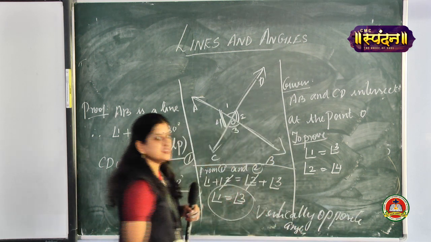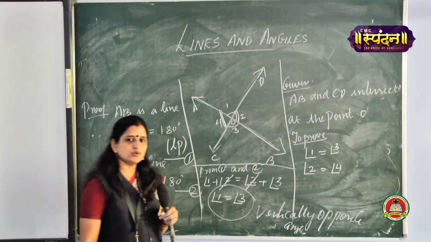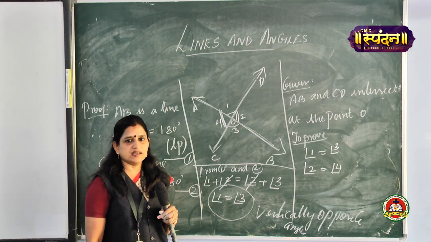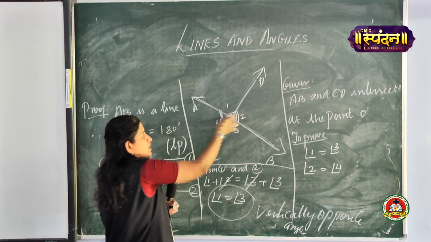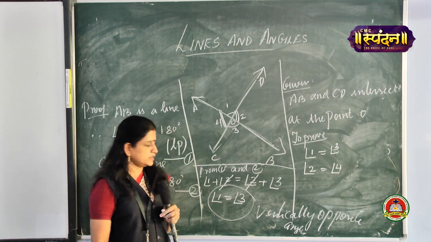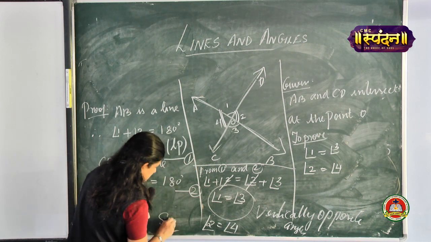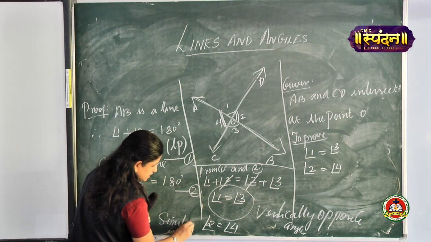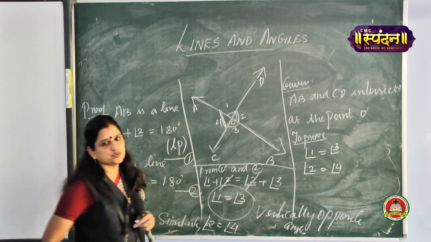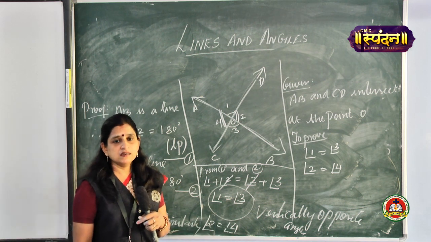So, using the linear pair axiom, we have proved that vertically opposite angles are equal. Similarly, you can prove by taking the other two lines that angle 2 is equal to angle 4.